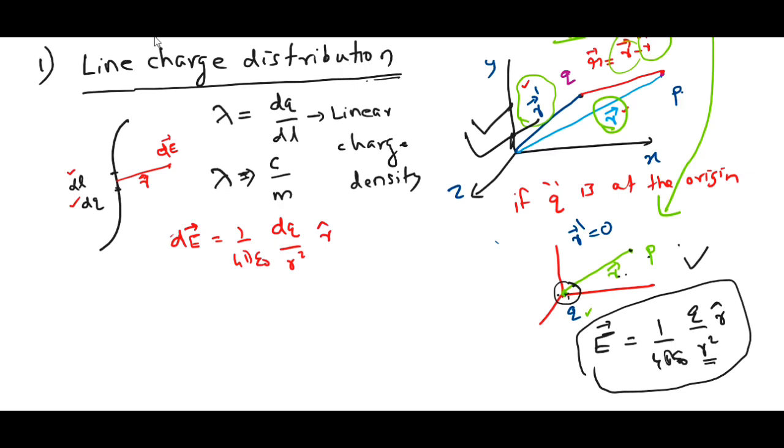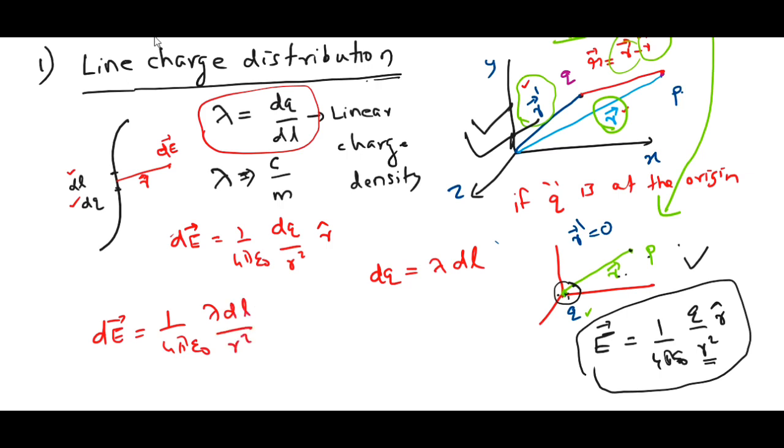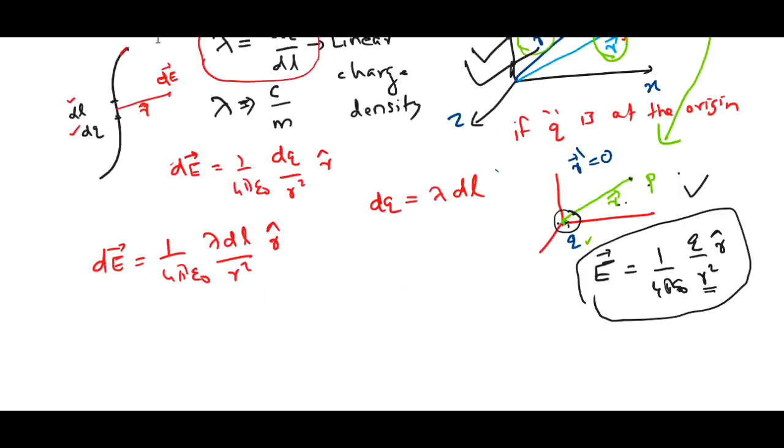Then from this expression I can easily replace dq by lambda dl. Therefore, the electric field can be written as 1 by 4 pi epsilon 0, lambda dl divided by r square, r cap.